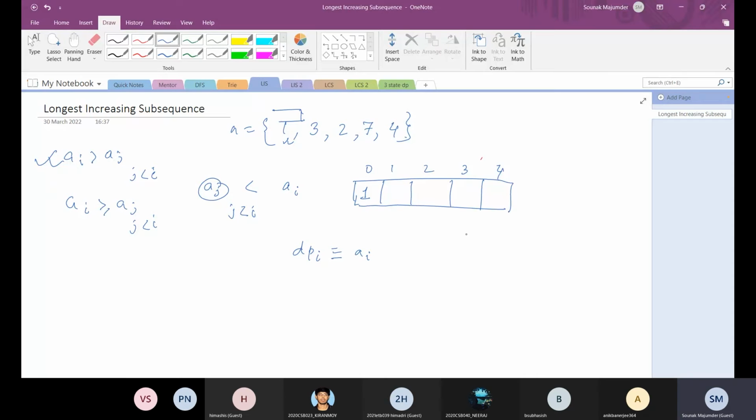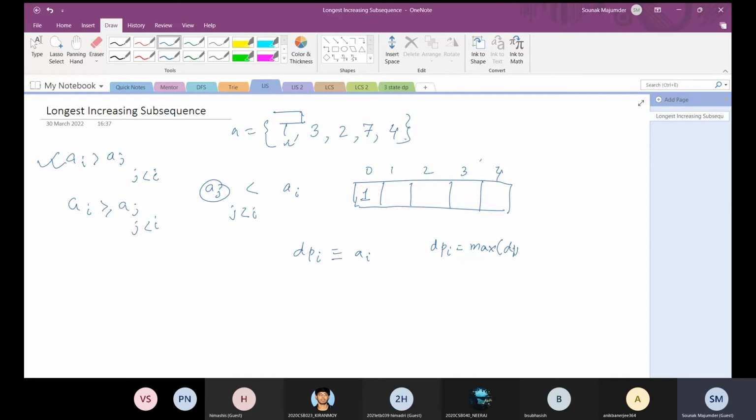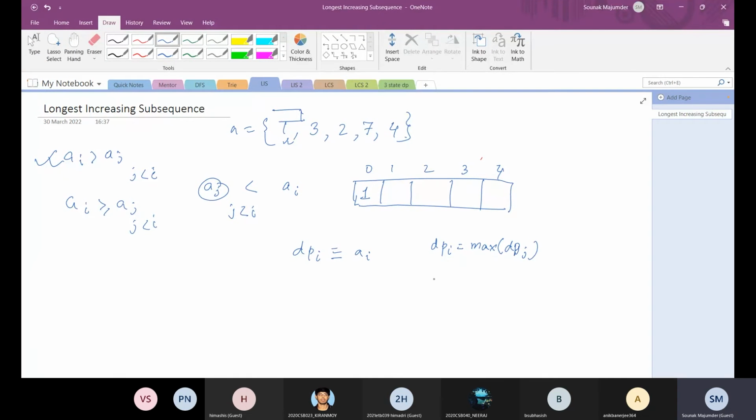So how are we doing this here? dp of I would be the max of, and here I'm writing the transition equation, max of dp of j such that a of j is less than a of I and j is less than I, plus 1.